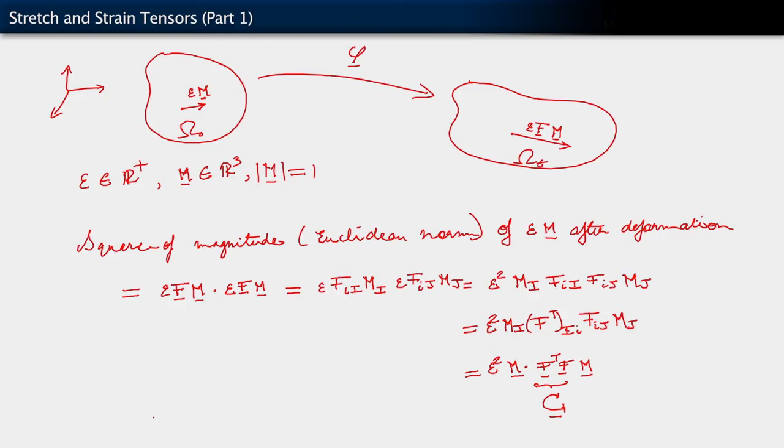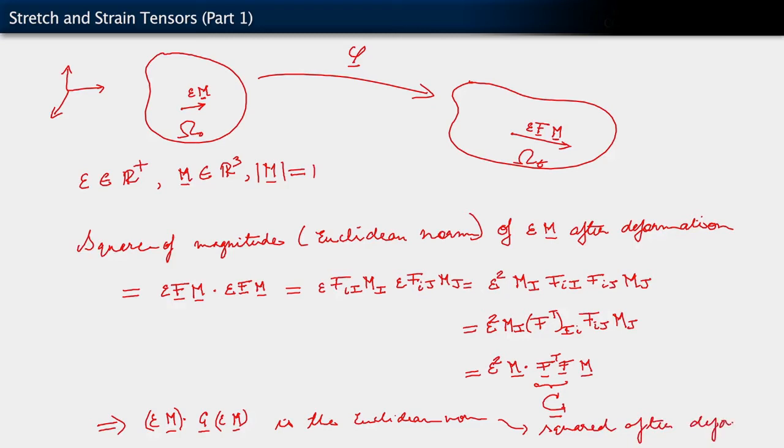So what this little exercise implies is that epsilon m dotted with C acting on epsilon m, let's just remember that that's a vector, that's another vector, is the Euclidean norm squared after deformation.